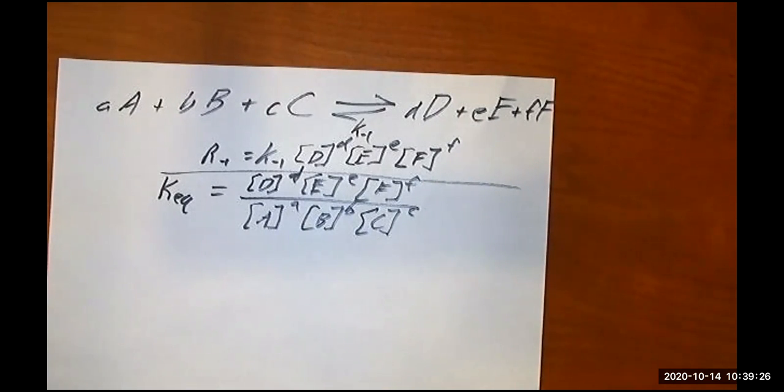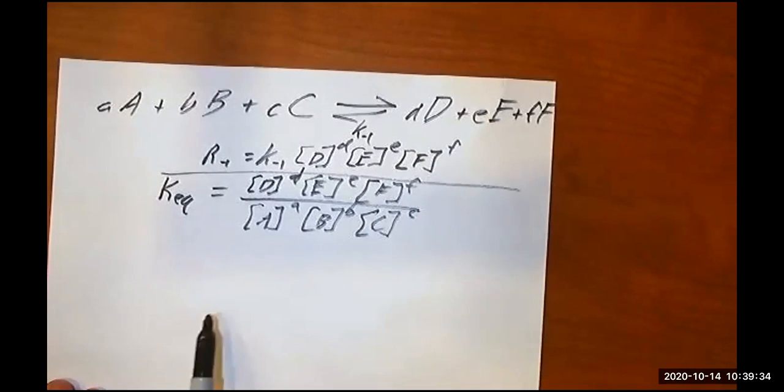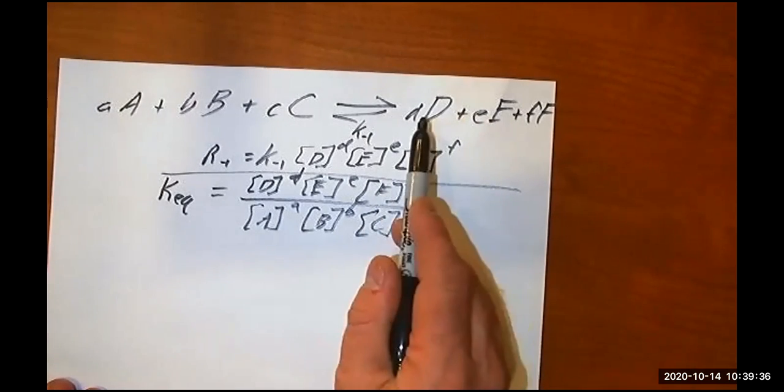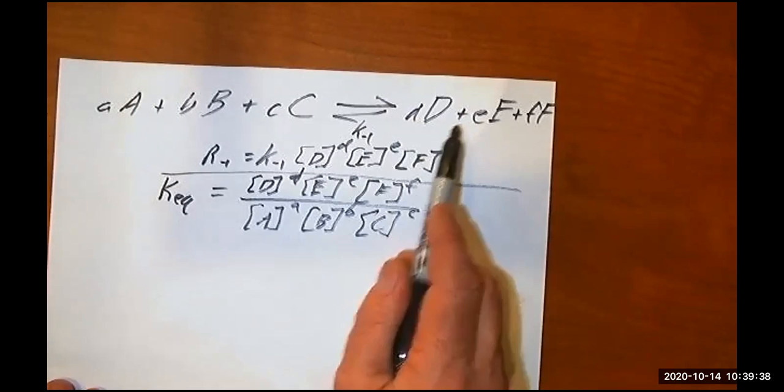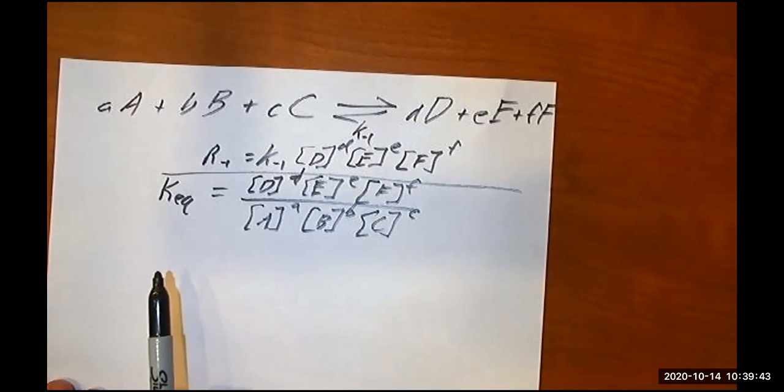This is the format that you do it in. You simply take the reaction stoichiometry, you use the stoichiometric coefficients as the powers, and you just multiply everything together, and it's products over reactants.